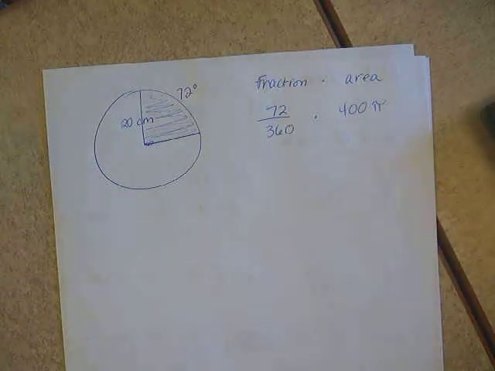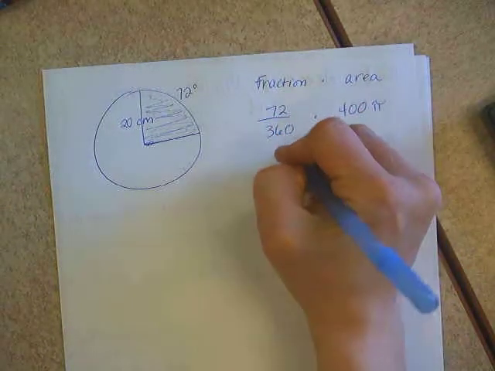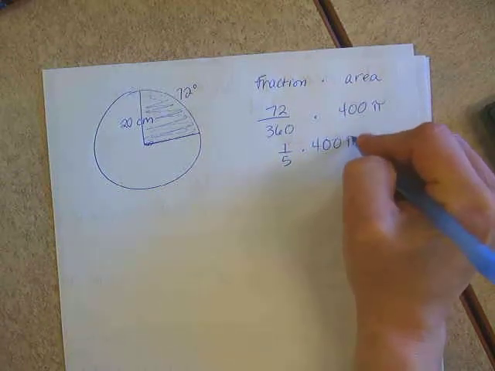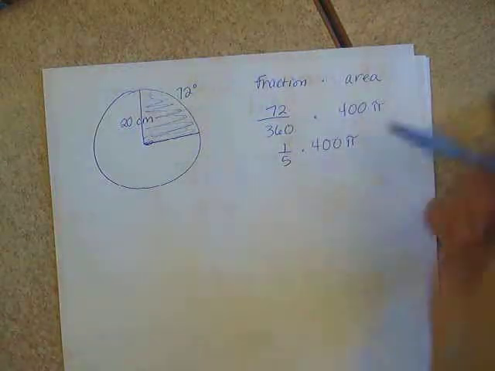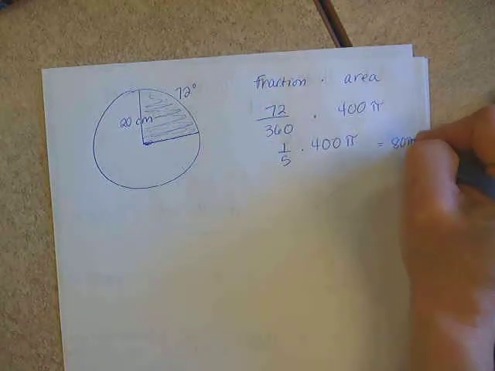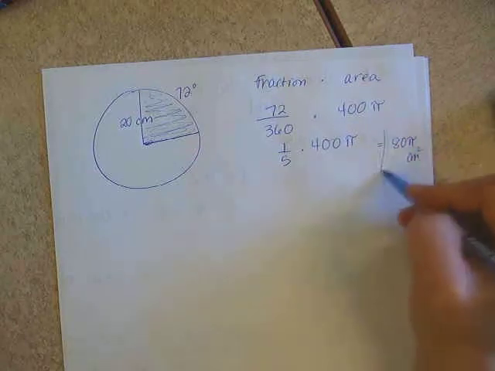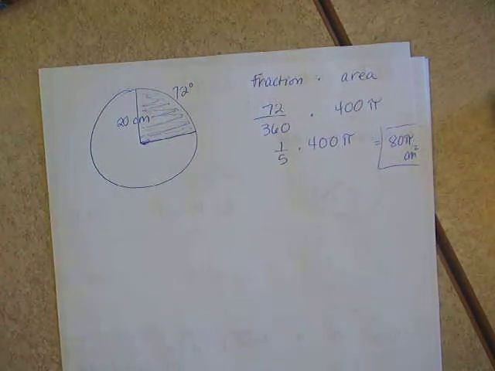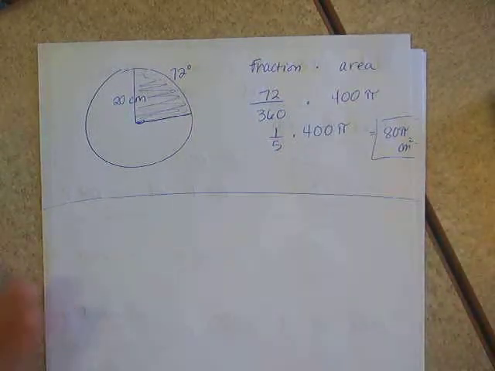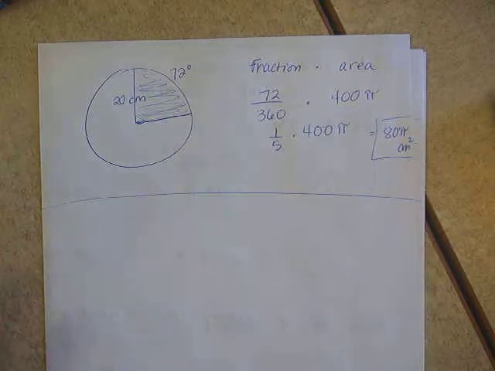So the radius is 20, so this would be 400 pi. 72 over 360 does simplify. Did anyone get one fifth? So 1/5 of 400. You could do 400 divided by 5 is 80 pi square centimeters.